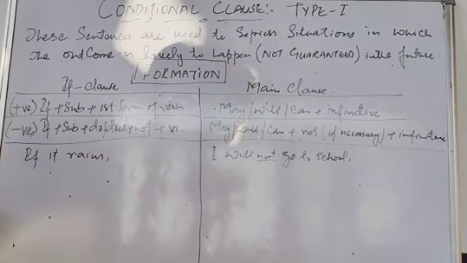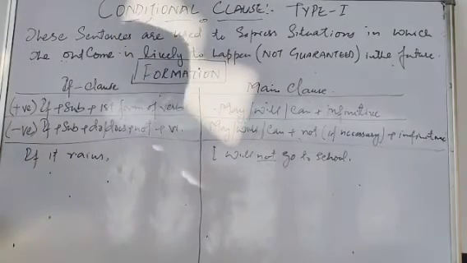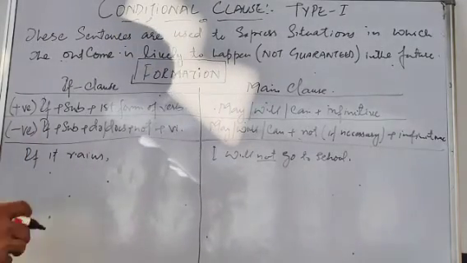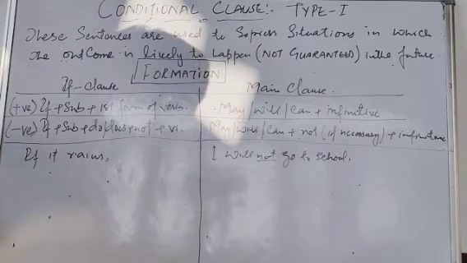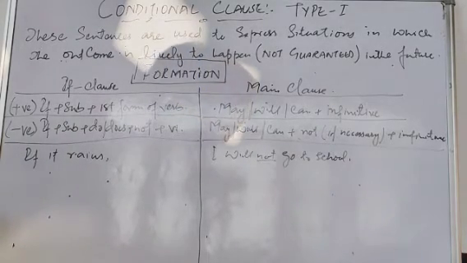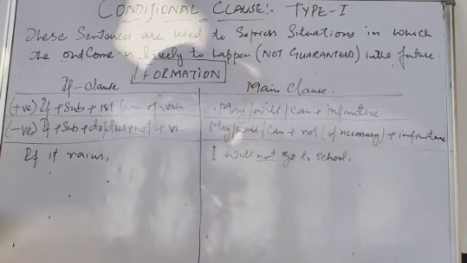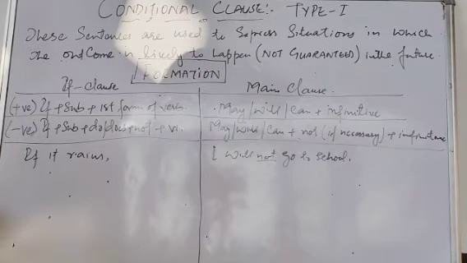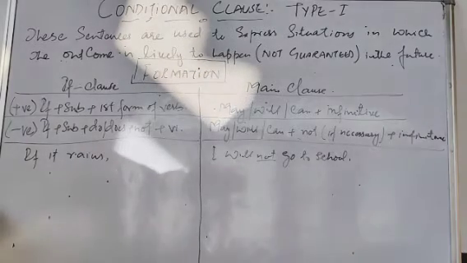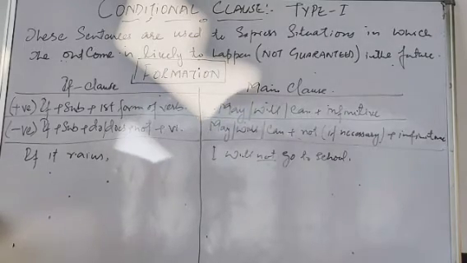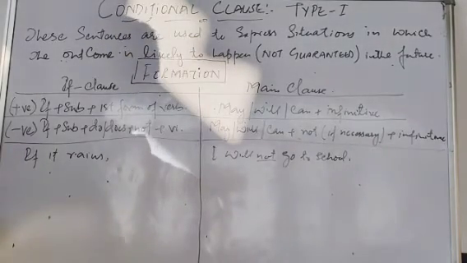The positivity or the negativity of any conditional clause depends upon its condition. If the condition is in a positive sense, this is a positive sentence, and if it is in a negative sense, it is a negative sentence, no matter whether the main clause expresses a positive or negative sentence.